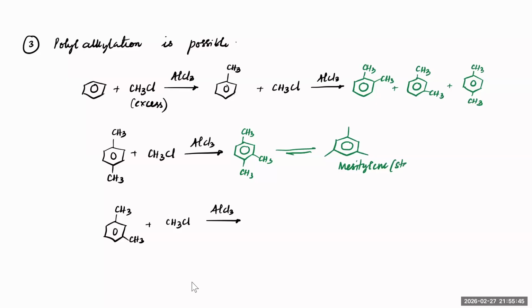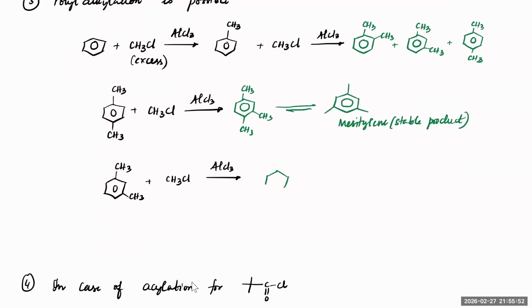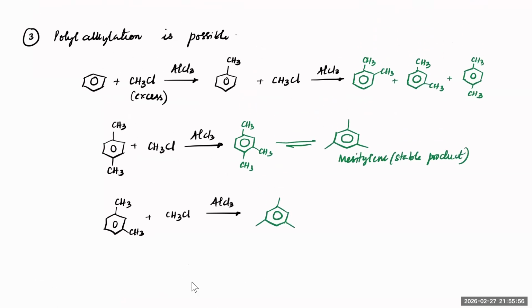Mesitylene is the most stable product. If you do polyalkylation, mesitylene is the most stable product. Here also it will form mesitylene. That's why everything will get rearranged into the formation of mesitylene.